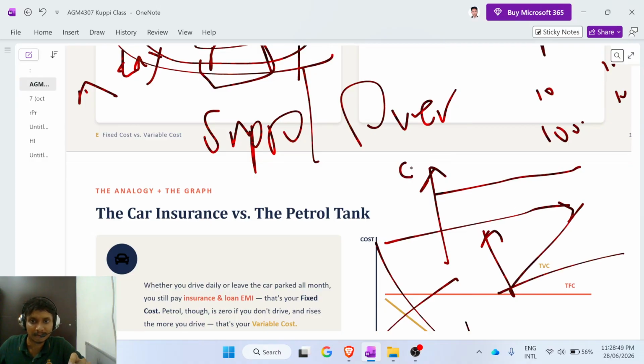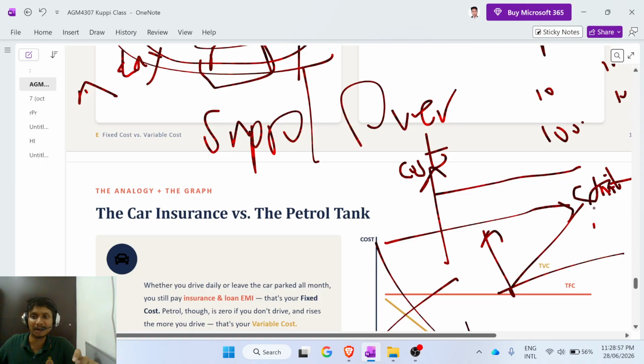Fixed cost will be constant according to unit output. According to output, the fixed cost will not change. We have already discussed the same. For example, fixed cost is one lakh per month.